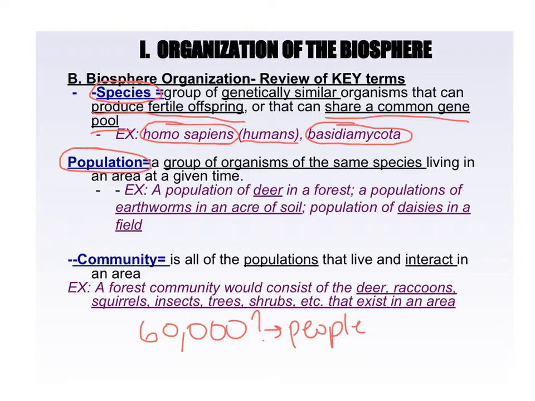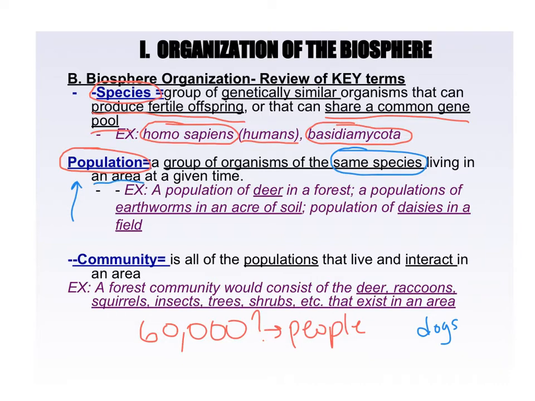That's the population of people. But if you looked at the population of dogs in Tulare, that would be a different number, and that would be a different population. So a population is just all the number of organisms of the same species living in a given area.